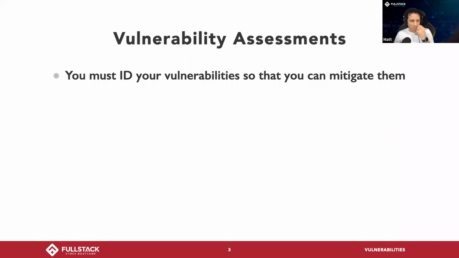Okay, so why do we have vulnerability assessments? Well, the same reason that we identify our assets so we can protect them, we have to identify our vulnerabilities so that we can mitigate them, right? Not super crazy big brain idea here, but if we don't know about these things, we can't act on them. And so in order to find out about our vulnerabilities, we have a whole bunch of automated tools to find these vulnerabilities.